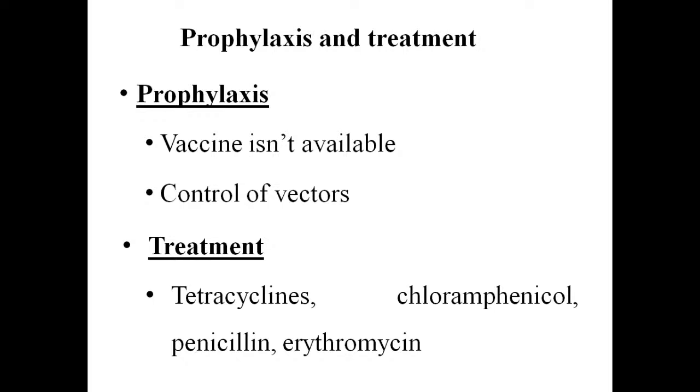And the general prophylaxis includes control of vectors, control of spreading of lice or ticks where people live. Treatment includes broad spectrum antibiotics. These are tetracycline, chloramphenicol, penicillin, and erythromycin.